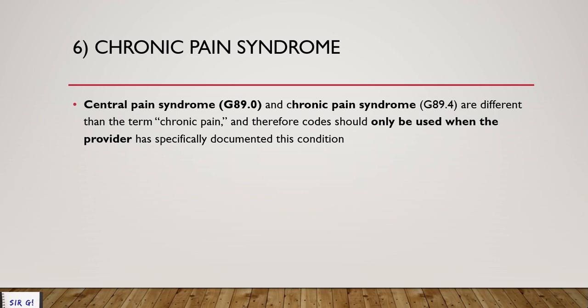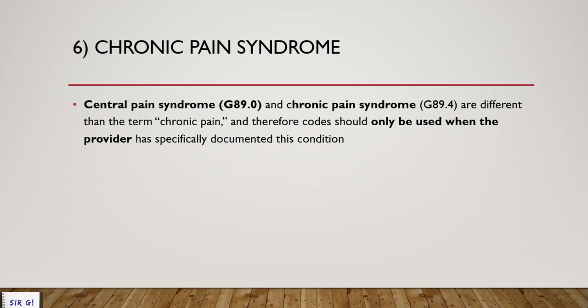Now G89.4 is different from G89.2, which is your chronic pain. You can only code G89.4 if it is very specifically stated that the condition is chronic pain syndrome. Therefore, the code should only be used when the provider has specifically documented this condition.